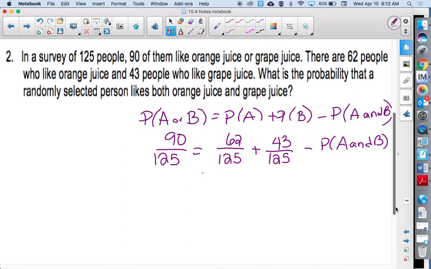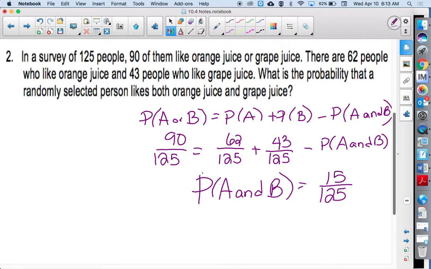We want to find the overlapping piece. So Abby, do you have a number of people that like both? Yeah, so 15 over 125. And if we divide that by 5, you get 3/25.